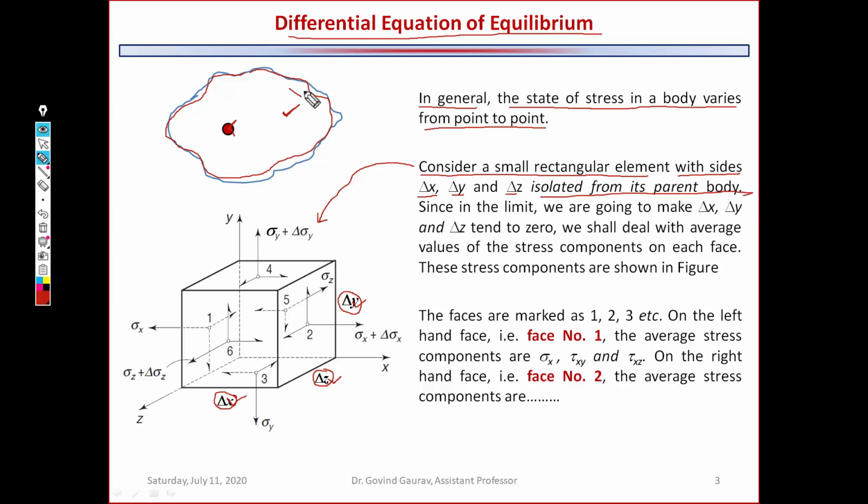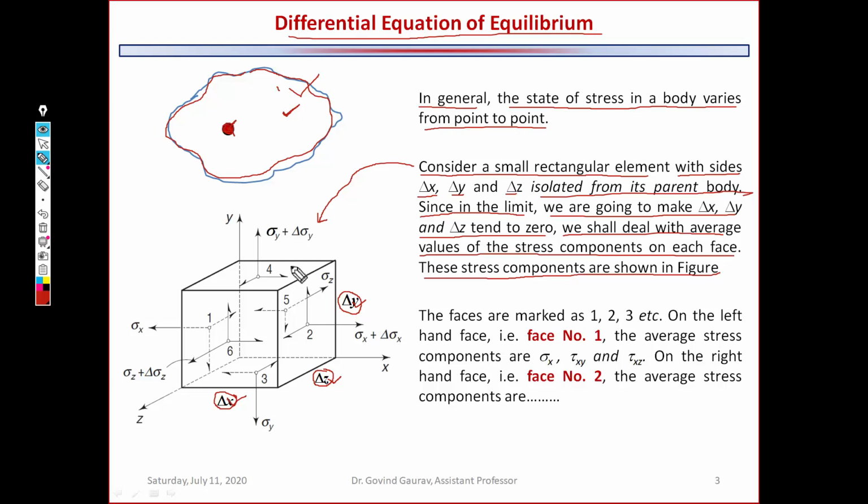This one is the body, and we are defining the stress at this particular point, and this point is isolated from the entire continuum. Since in the limit we are going to make delta x, delta y and delta z tend to 0, we shall deal with the average values of the stress components on each face.